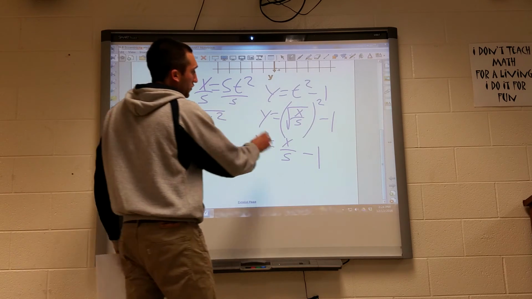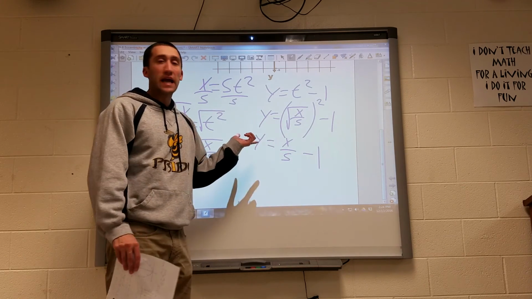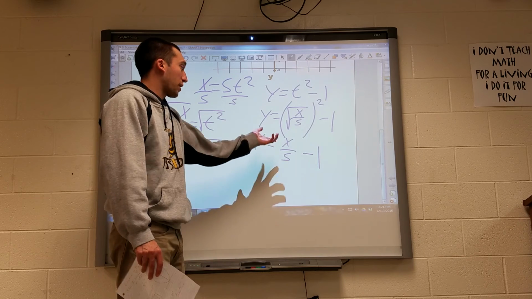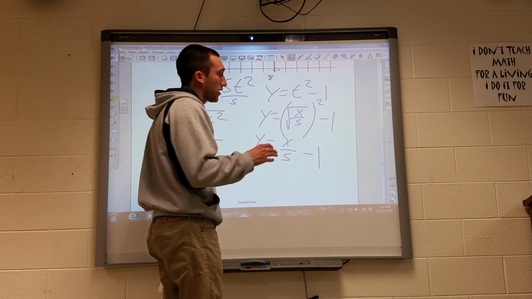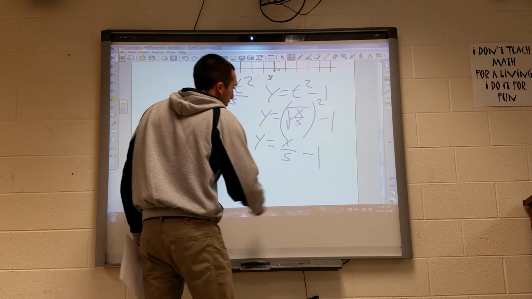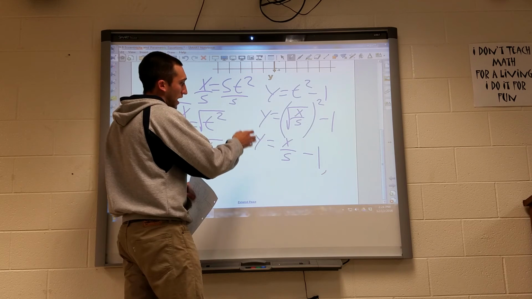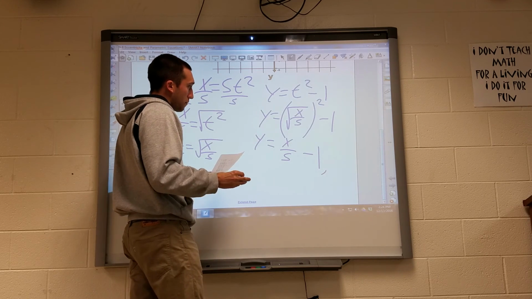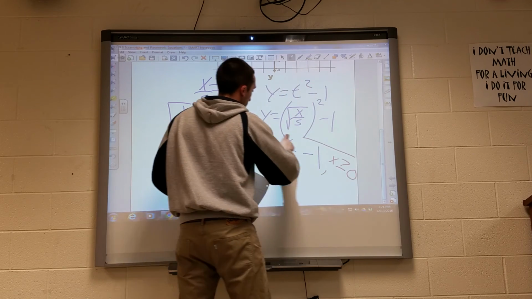The only thing about this equation is, we could get negative x values. We could plug a negative x value in and get a y value back. So we have to put a little limitation on this equation and say that y is equal to x over 5 minus 1, but x must be greater than or equal to 0.